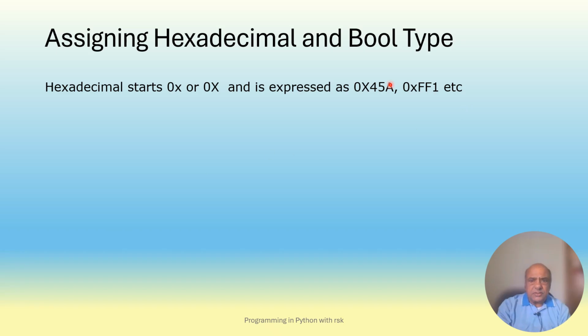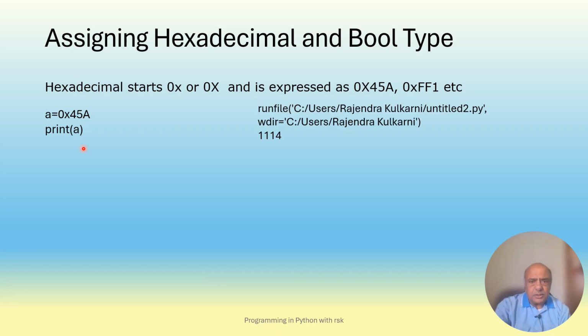It can be expressed as 0x45a, 0xff1, etc. Again, when we execute this code where we have assigned a hex value of 45a to variable A and take out the value of A on our console using print A, what we get is 1114, which is the decimal equivalent of hex 45A.